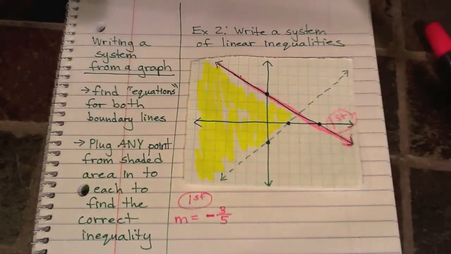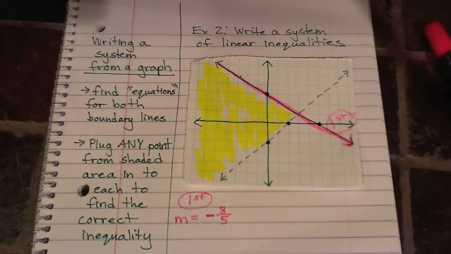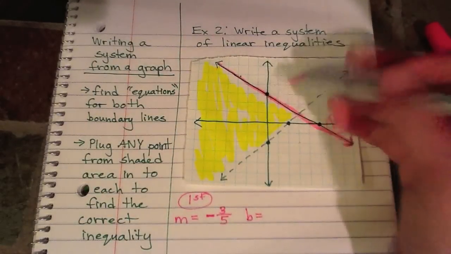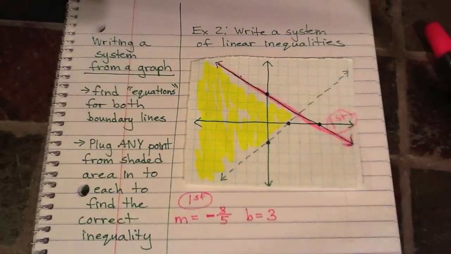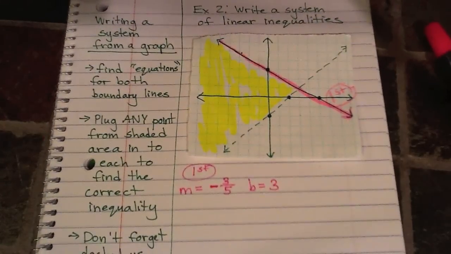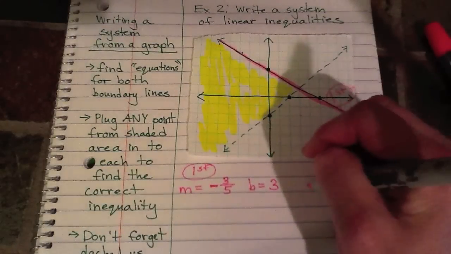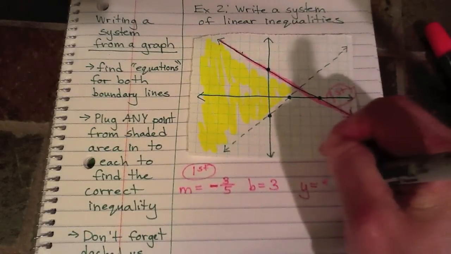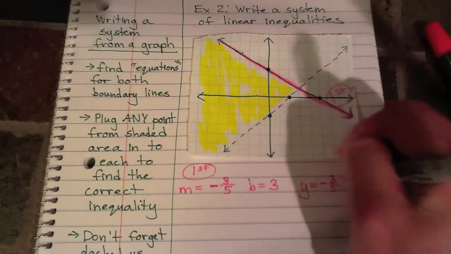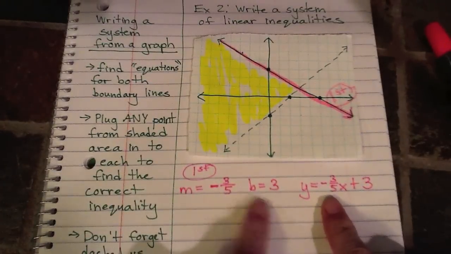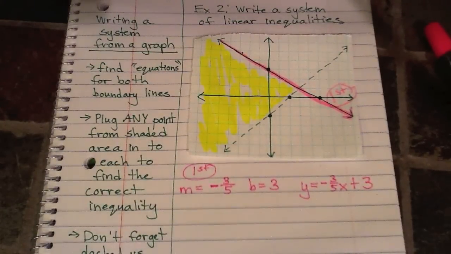So m is negative 3/5. B, which is my y-intercept, starts at 3. Now I can write that equation: y equals negative 3/5 x plus 3. M and B plugged in.